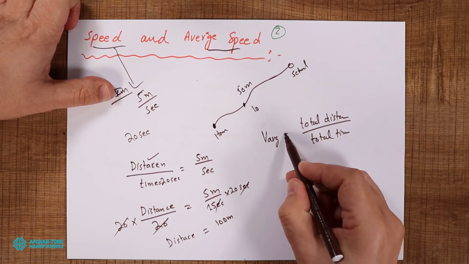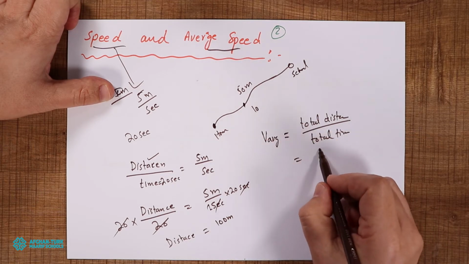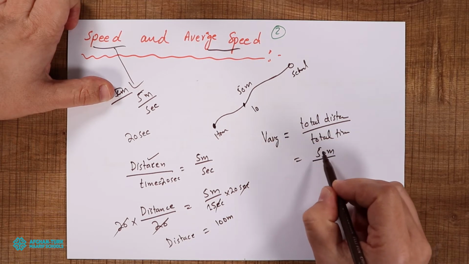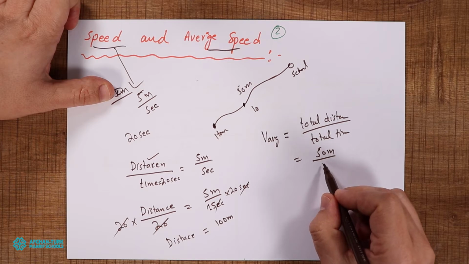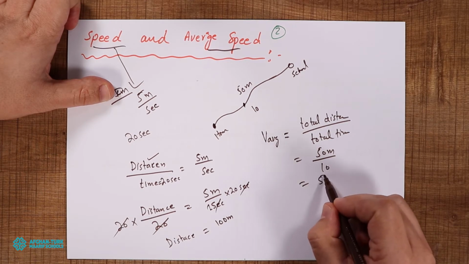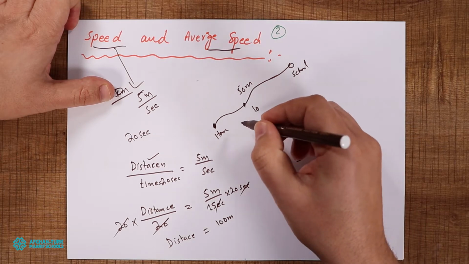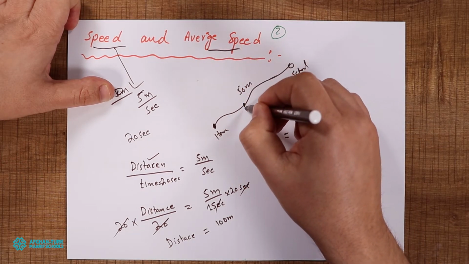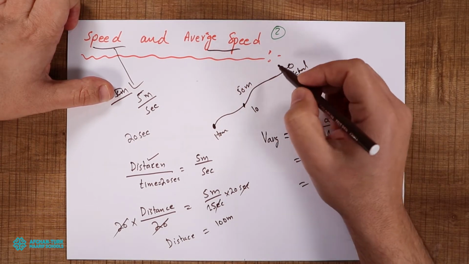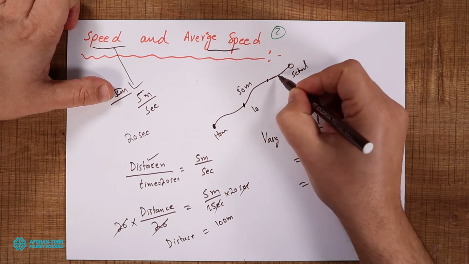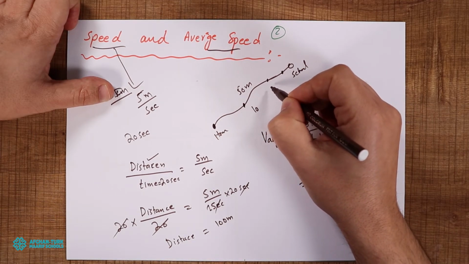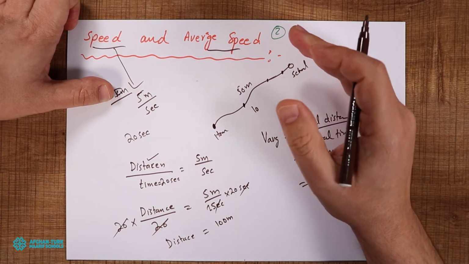Total distance is 50 meter, divided by the time 10. So we can say the average speed is 5 meter per second. Again, in average speed we must care about the wasted time as well. Suppose there is a stop here and here, the time is wasted but the body motion is stopped.